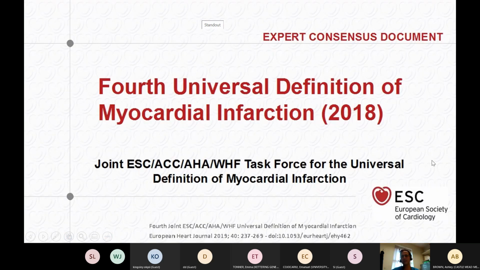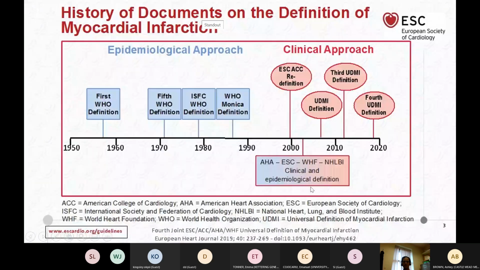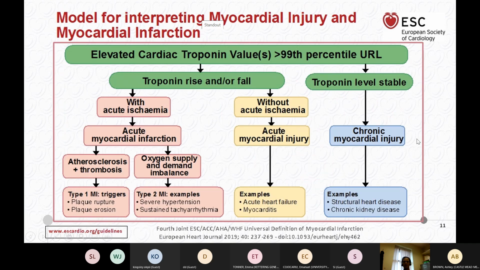There are definitions to tell us if patients are having myocardial infarctions. You'll be glad to know that there is now a joint definition, whereas before, for longer than we care to remember, there have been lots of different competing definitions of what a myocardial infarction is. But what we need to know is the mechanism behind our troponin release.